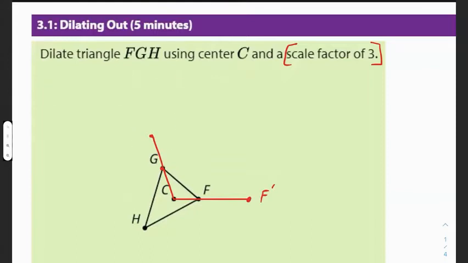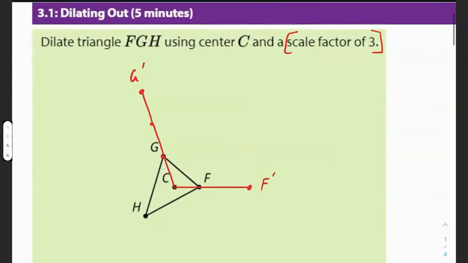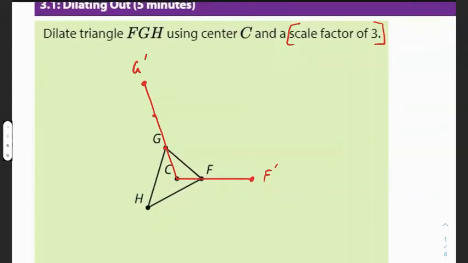So there's a scale factor of 2, but they want 3, so 3 times the distance. So G prime is now further out away from C, 3 times as much. I'm going to do the same thing with H.